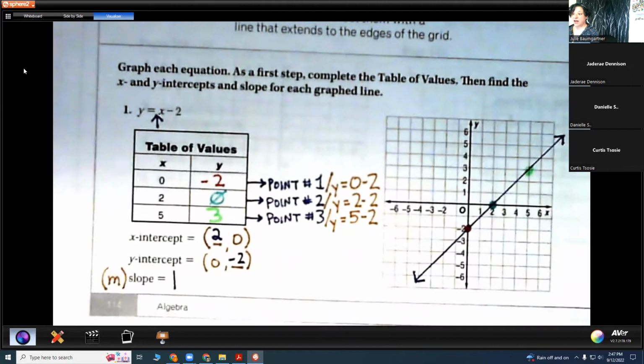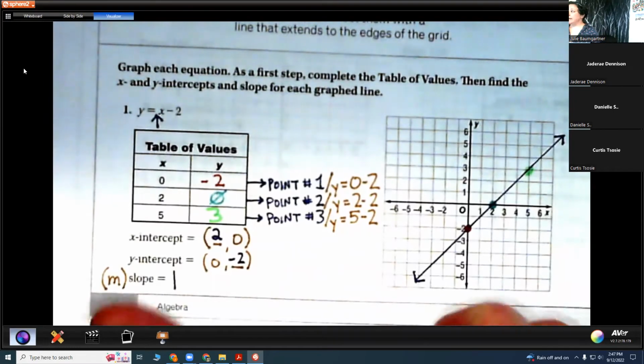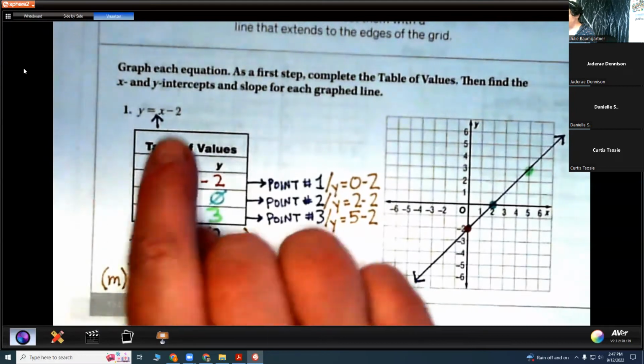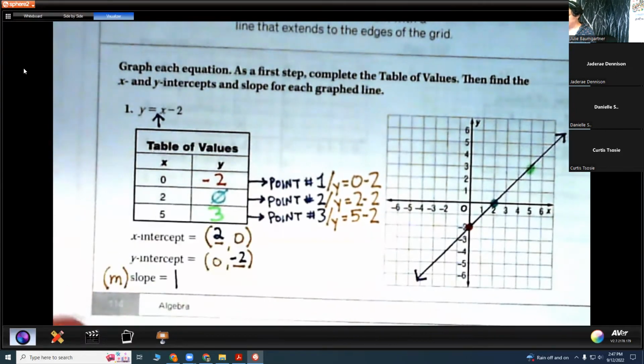Like I said, we're just really wanting to ease slowly into this, because it's gonna get more complex. And so hopefully all of this makes sense. Okay, here's our equation, right?